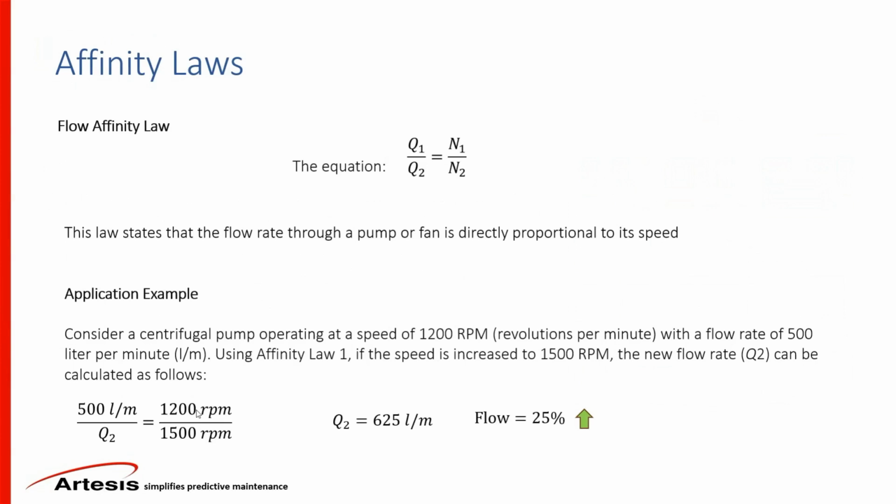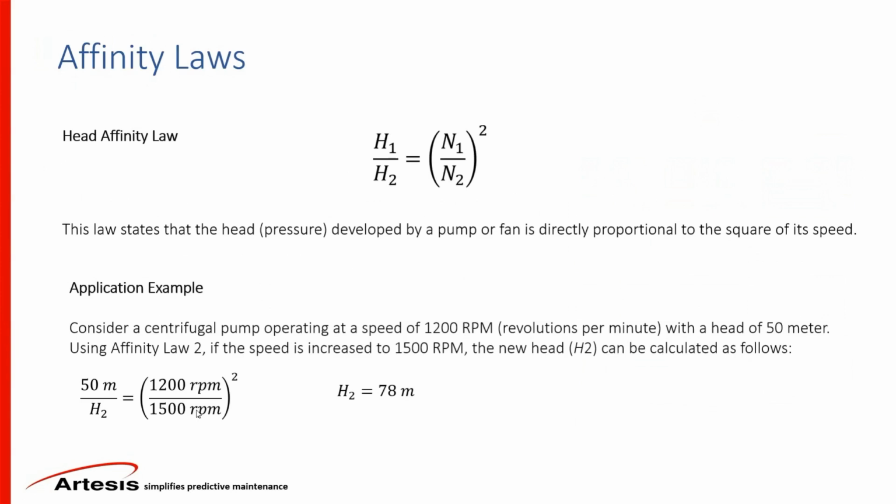The second law we are going to look at is the head affinity law. This important principle describes the relationship between the head and pressure produced by a pump and its speed.